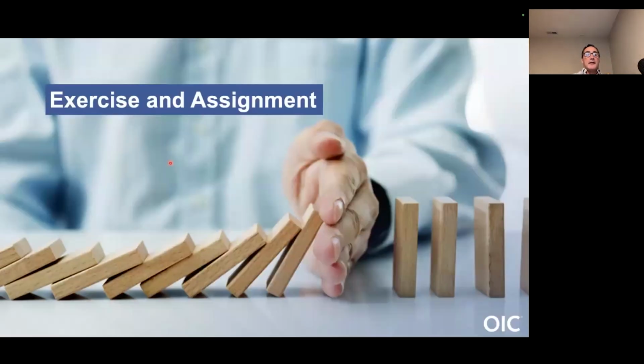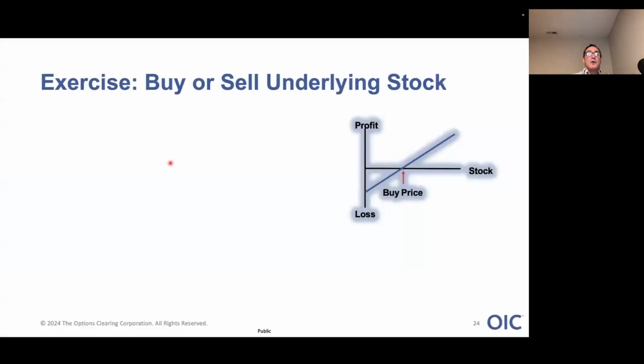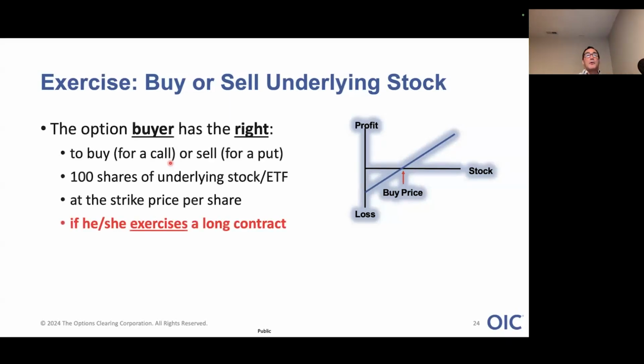Now let's talk really quickly about the exercise and assignment process. I work for OCC, the Options Clearing Corporation, and we are the world's largest derivatives clearinghouse for exchange listed options in the United States. So we essentially clear and settle all the contracts that trade in the United States.